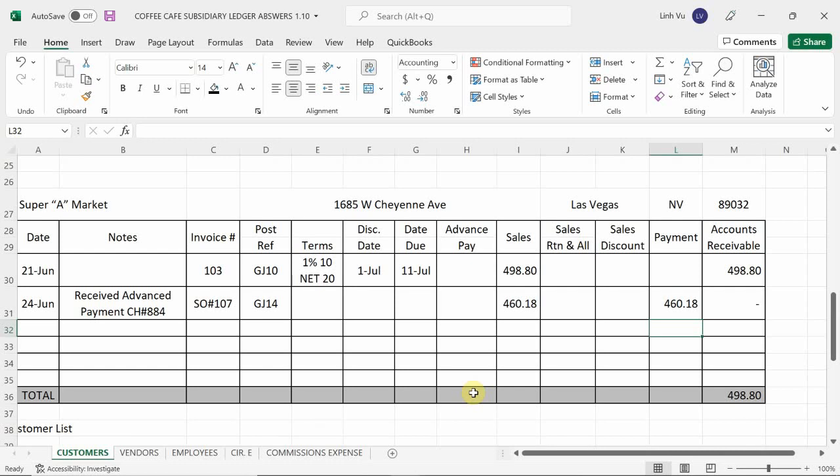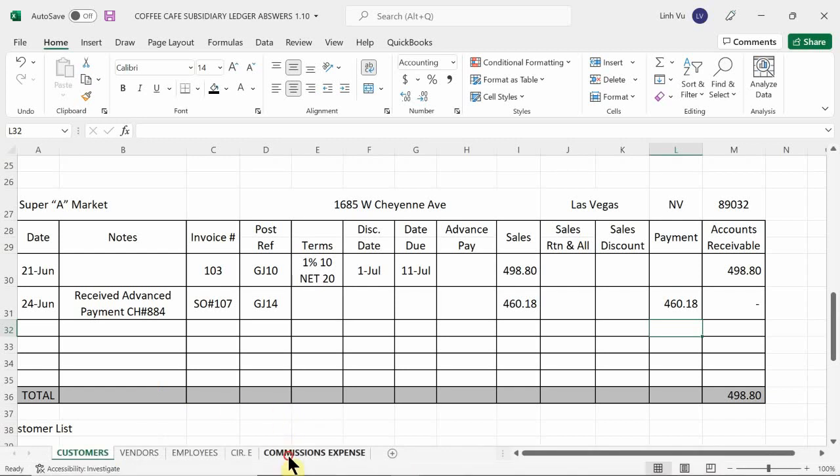Who is Super A Market? Is it part of Albert's commissions? It's part of, yes, right?